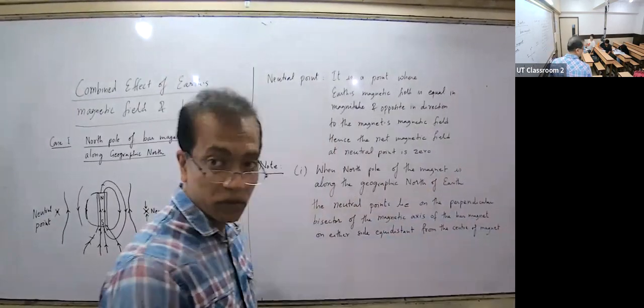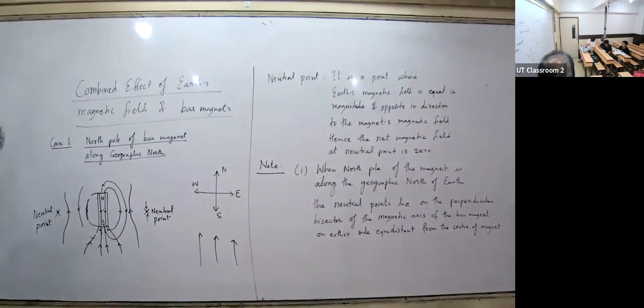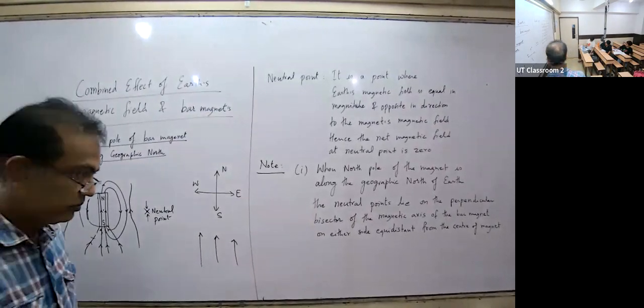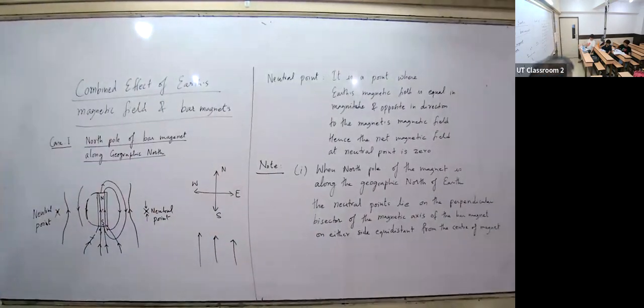Hope this is clear. When the north pole of the magnet is along the geographic north, so first you write, then I'll explain once again.